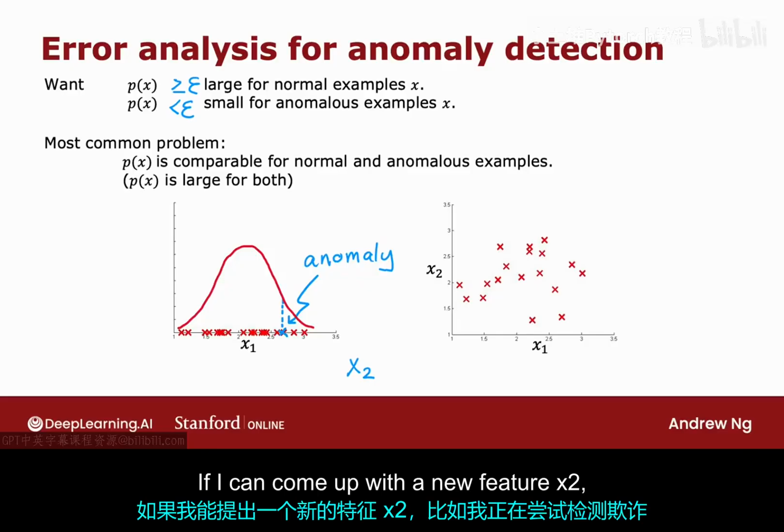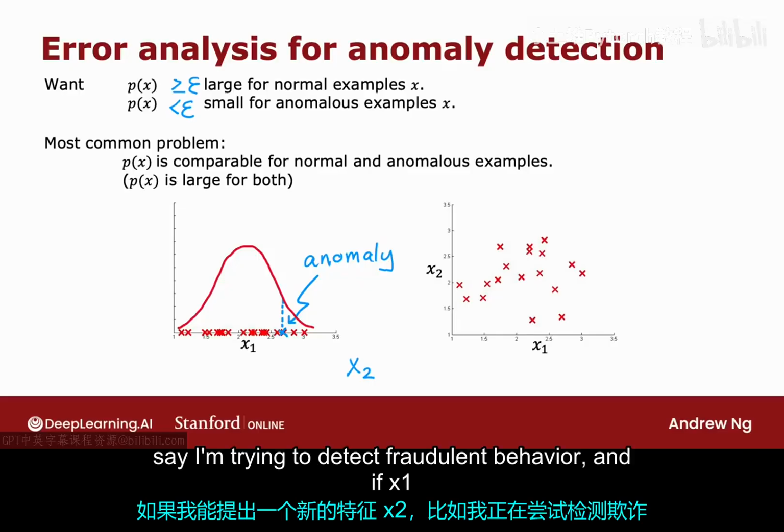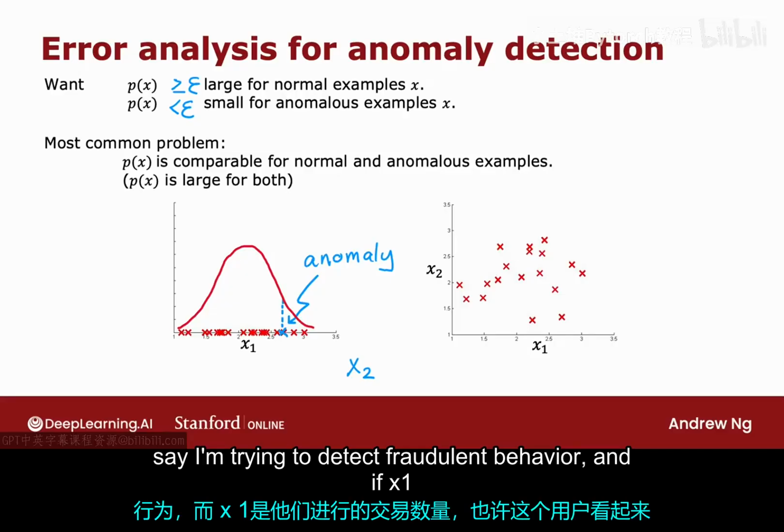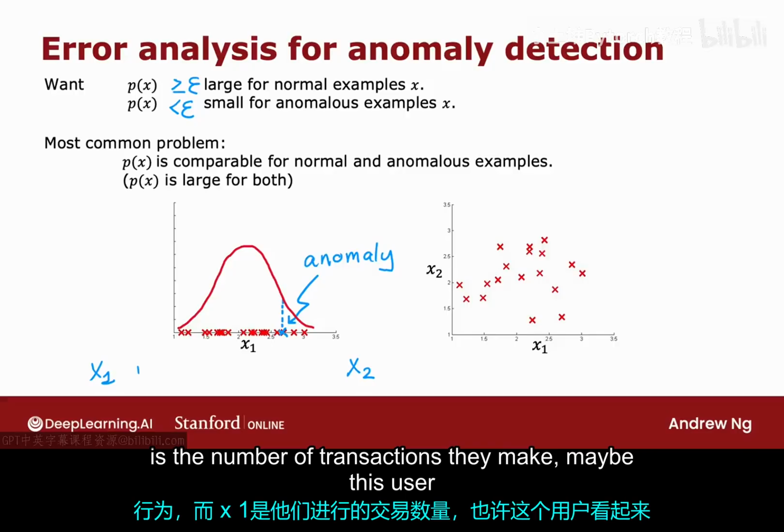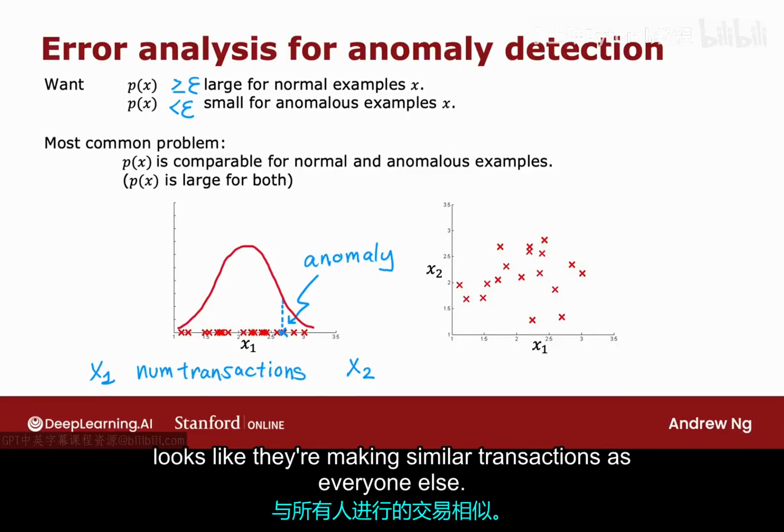If I can come up with a new feature, X2, say I'm trying to detect fraudulent behavior, and if X1 is the number of transactions they make, maybe this user looks like they're making similar transactions as everyone else.